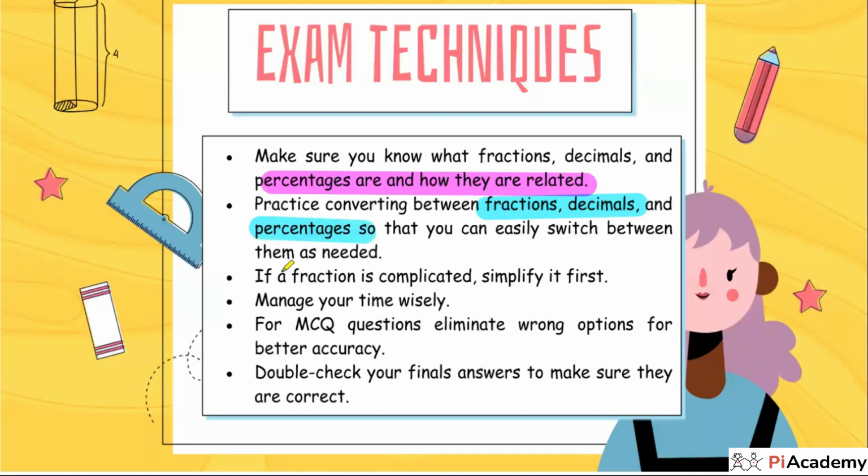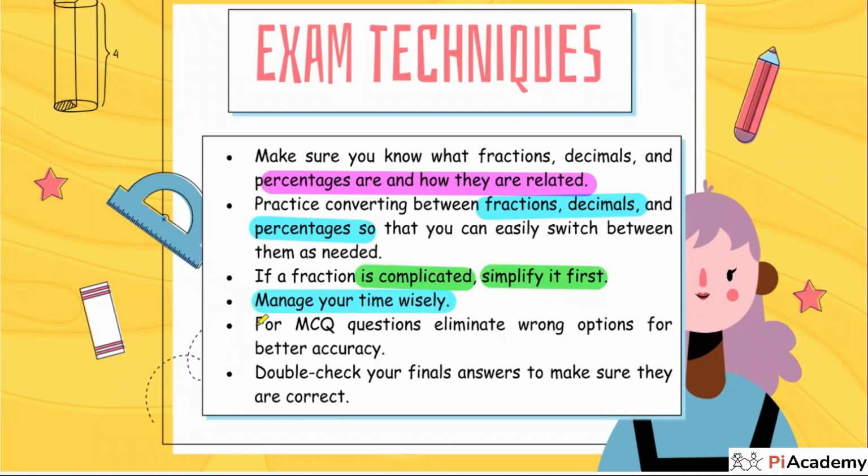And the next point is, if a fraction is complicated, please simplify it first. If you simplify it, then your number will become smaller and easier to handle. Next, manage your time wisely, because this exam tests accuracy as well as time management, since you have limited time to solve all the questions.